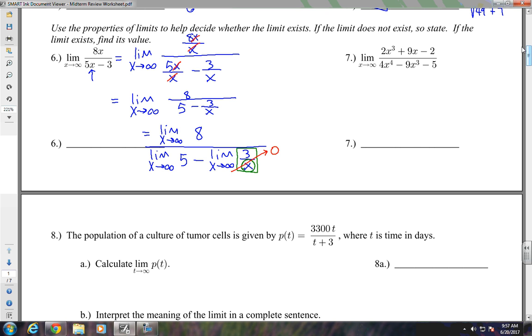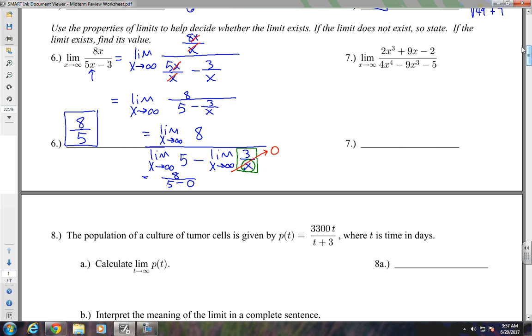This leaves us with 8 over 5 minus 0, which simplifies to 8 over 5. So the value of that limit is 8 over 5.